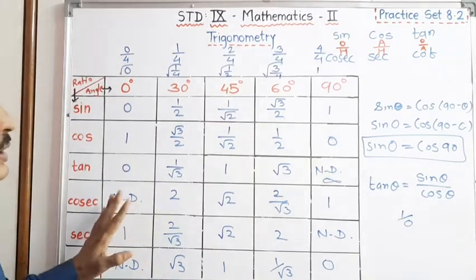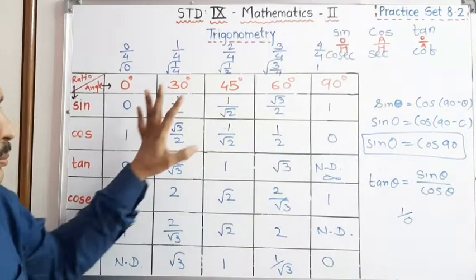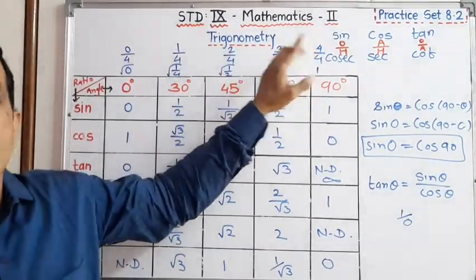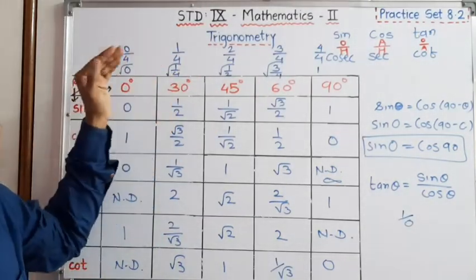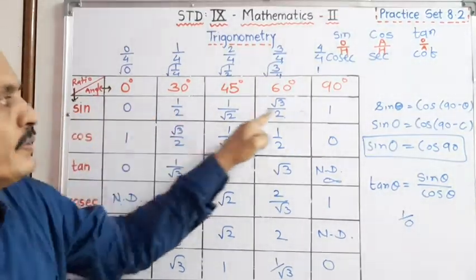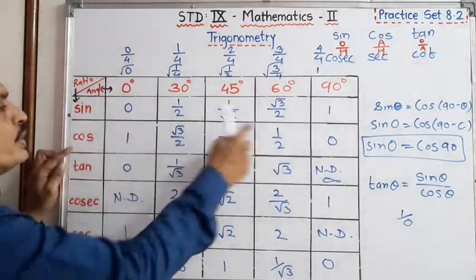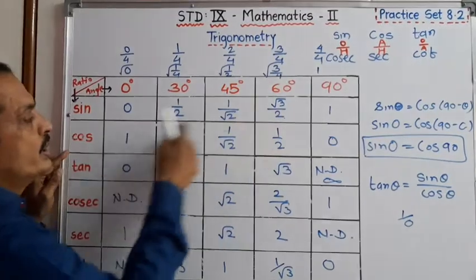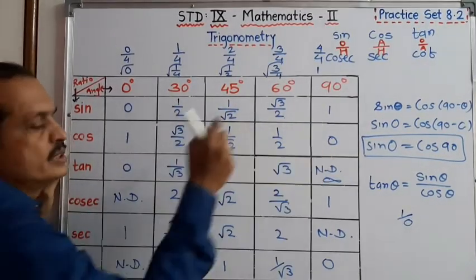Simple way is there. If you understand this relation, and by observing that we can complete this. First of all, we have to write 0, 1, 2, 3, 4. Divide each number by 4. By getting that, take out the square root of that number, and square root of that number is the values of sine ratio. After that we can write cos by just writing inversely. 1 here, root 3 upon 2 here, 1 upon root 2, 1 upon 2, and 0 is there.